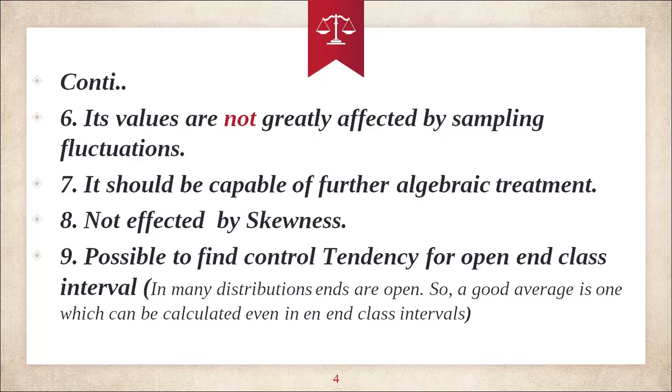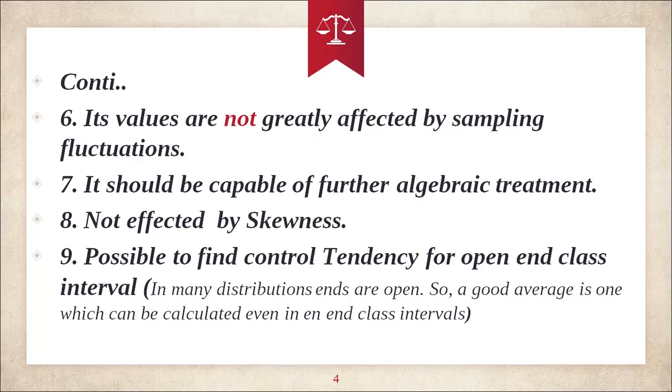In many distributions, the ends are open. In research, if you calculate the income of a particular company, for example a software company, you get some information about their salaries.